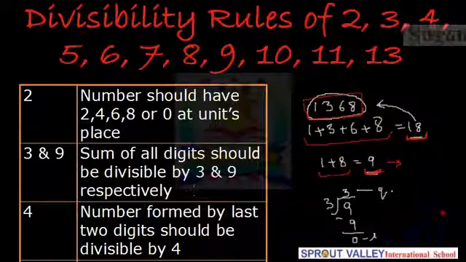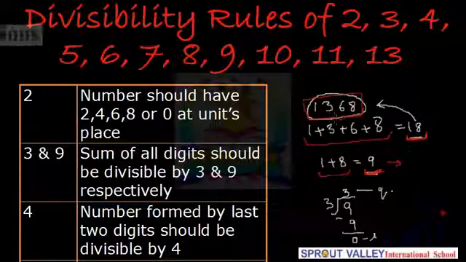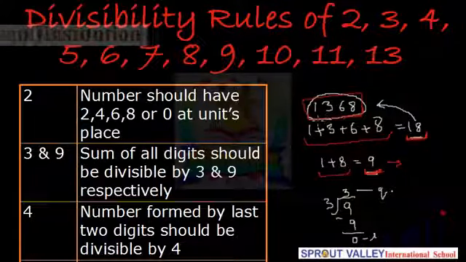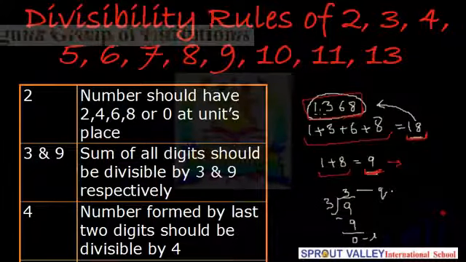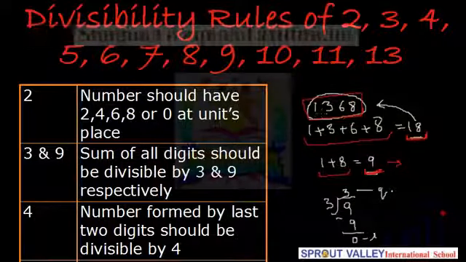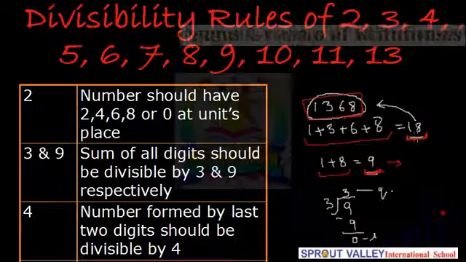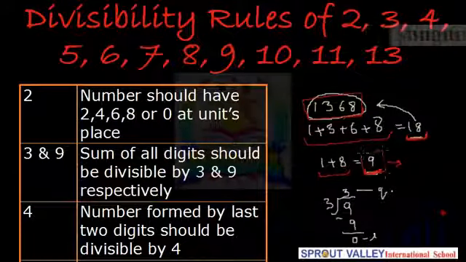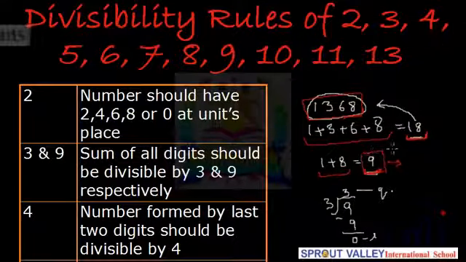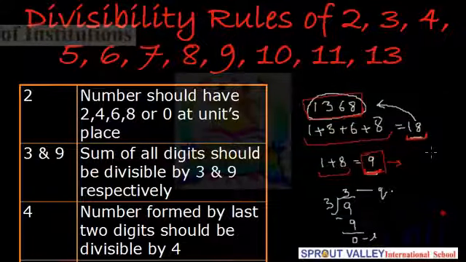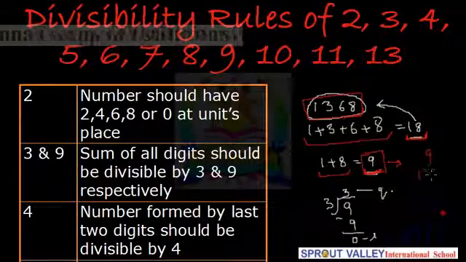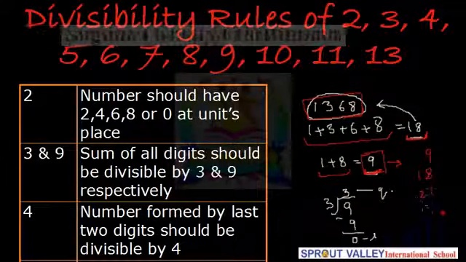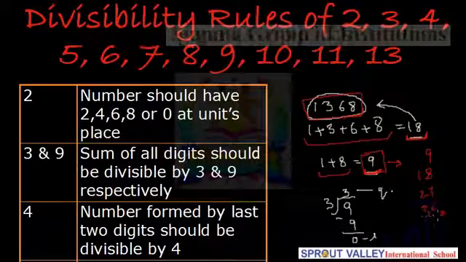So if we use this rule recursively for 9, ultimately we will get the sum of the digits as 9, isn't it? Like in this case, if we use this rule twice, I am getting sum of the digits as 9. And if you remember the table of 9, all the numbers which are there in the table of 9, if you add their digits individually, they give you 9.